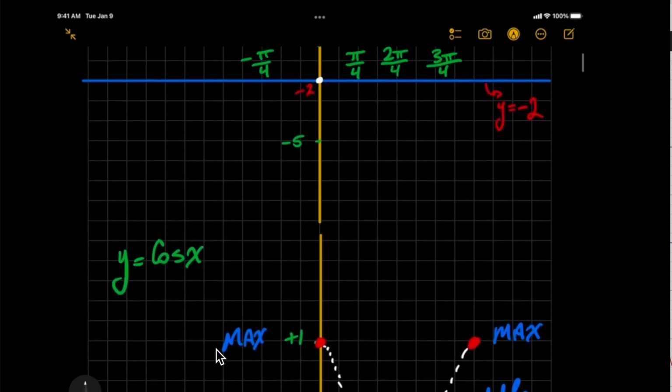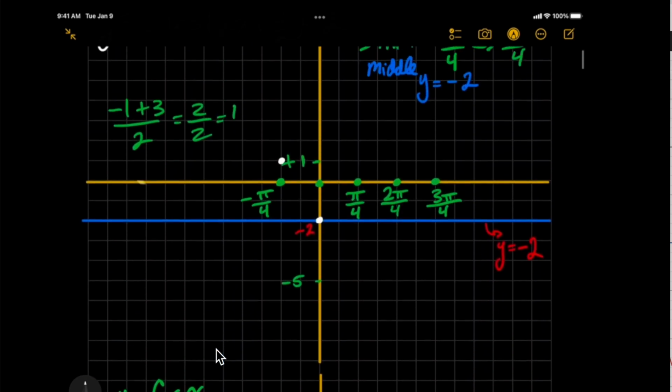Okay, so now we're at our transformed graph, and we know the behavior of the cosine function. Starts at a maximum, goes to the middle 1/4 of a period later. Then it goes to its minimum point. So at π/4, it's going to be at its minimum, then back to the middle, and then back to the maximum. So folks, here is the transformed graph of this function.